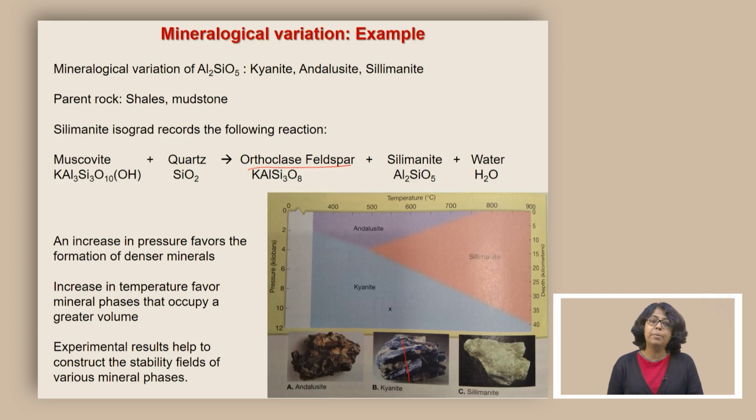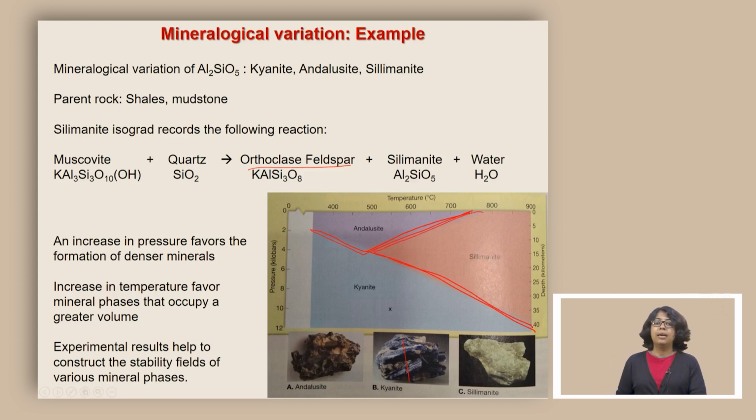And this is an example of a stability field diagram of this aluminosilicate, and what you can find is there are 3 zones partitioned by the color, and they are showing the stability field of Al2SiO5 depending on which mineral they are being represented by. So, andalusite has this purple stability field, kyanite has this blue stability field, whereas sillimanite has this reddish stability field.